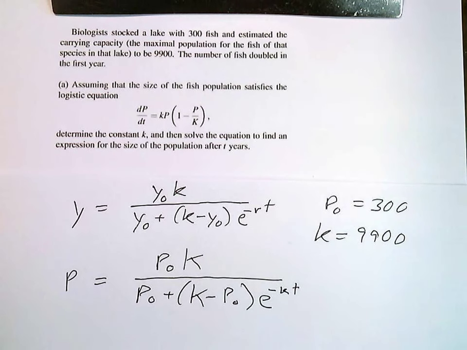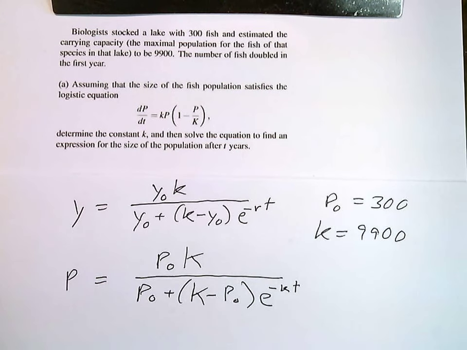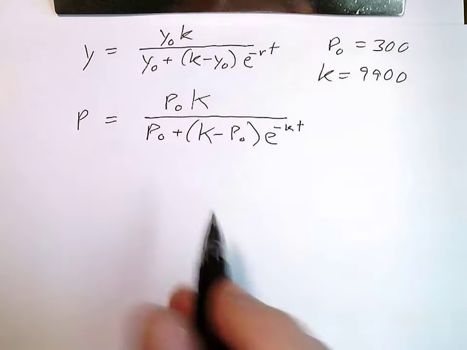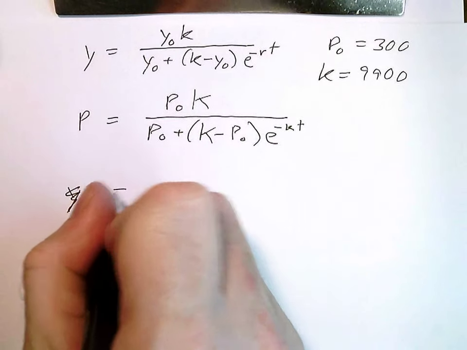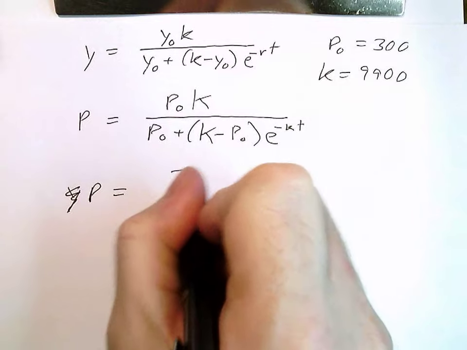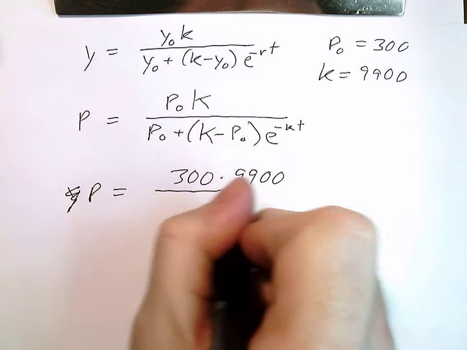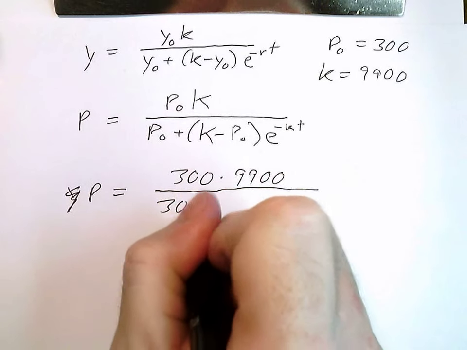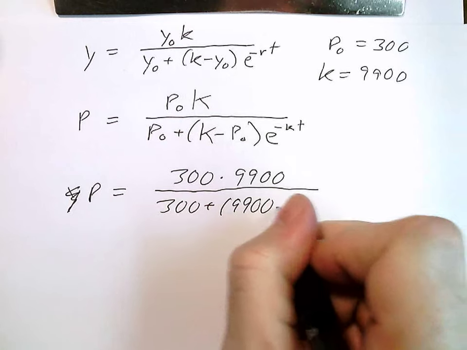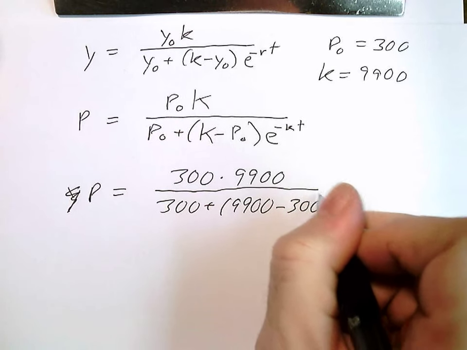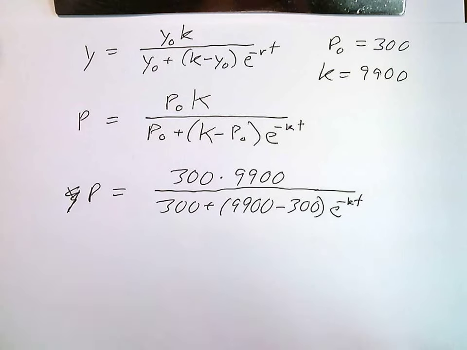So we put these in here, and we get that our P here is 300 times 9,900 over 300 plus 9,900 minus 300 e to the minus kt.